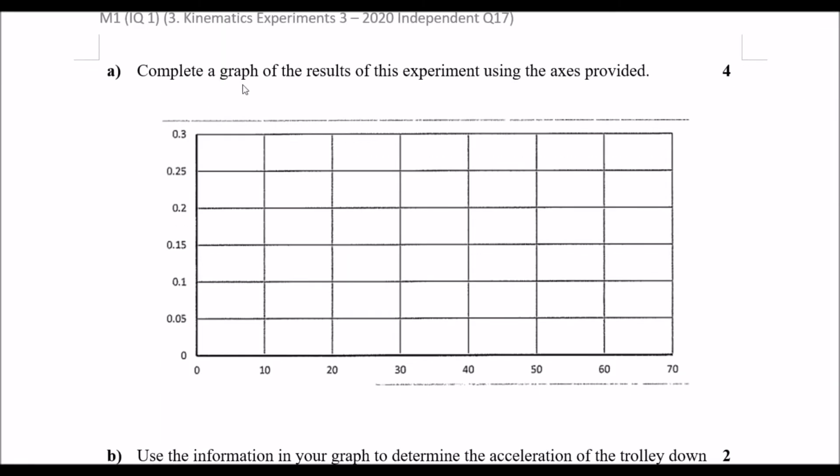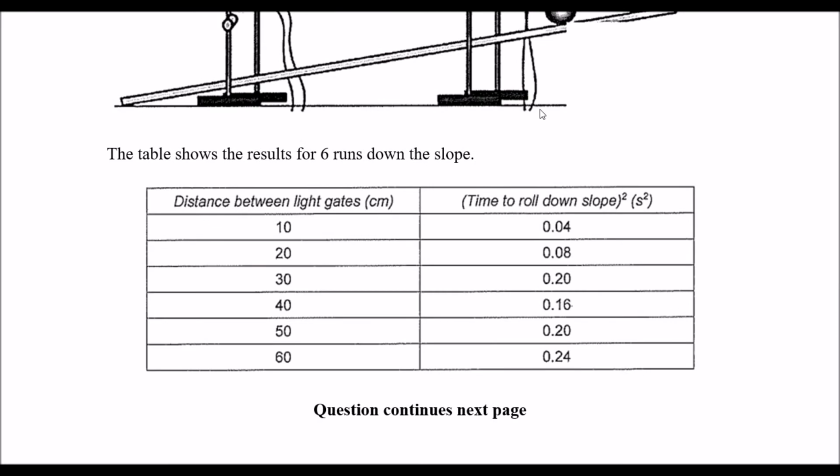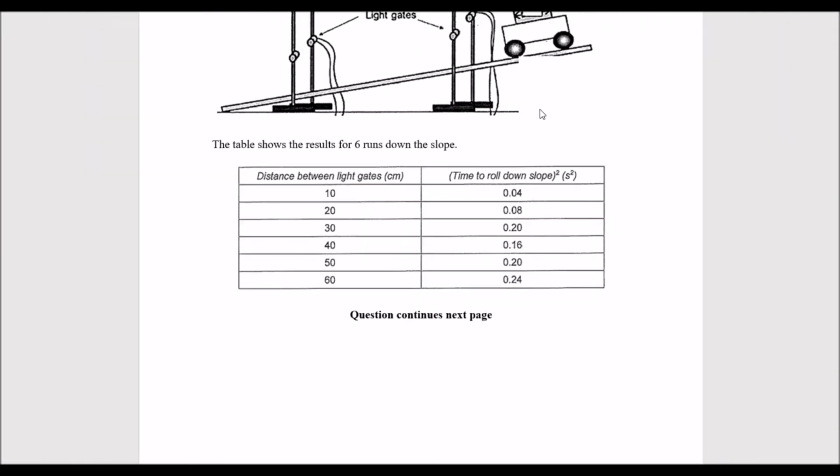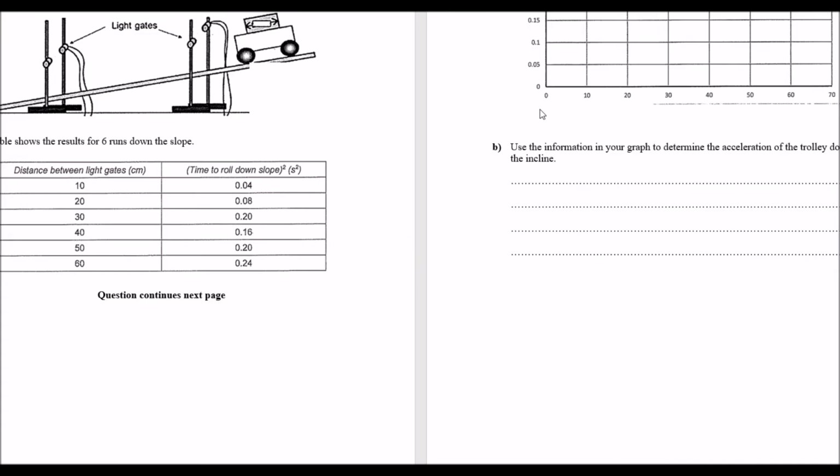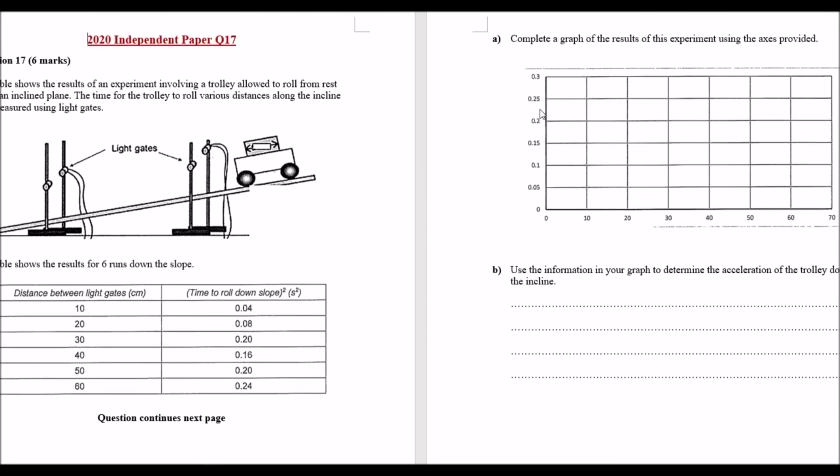So the very first question says complete a graph of the results using the axes provided. So these are numbers. Let's try and scroll out here. We might be able to show for better representation.